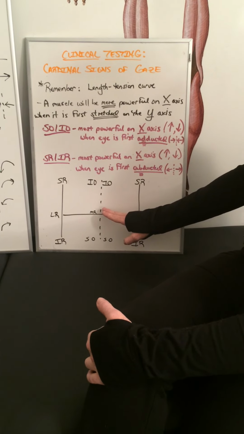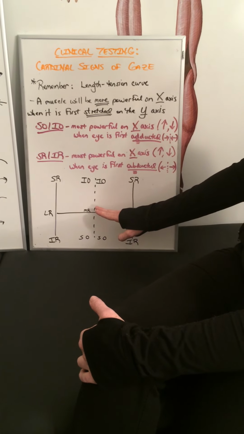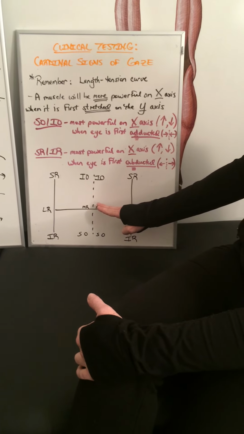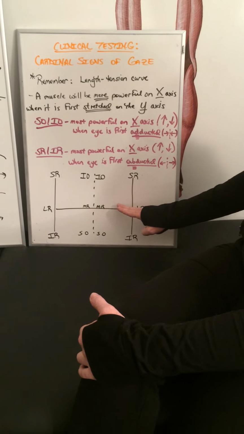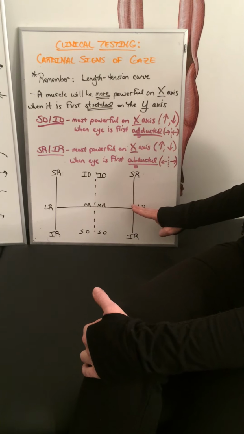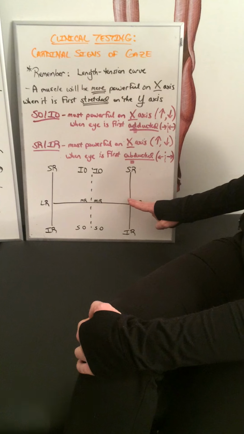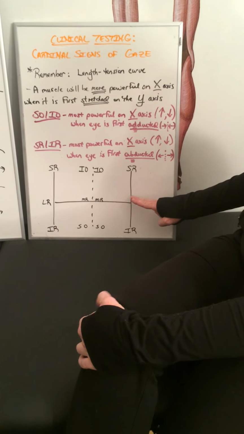Also, we know that that's going to shorten up the superior rectus and inferior rectus since they're adductors, as well as medial rectus. And as you move the eye into abduction on this left eye, what will happen is the lateral rectus pulls you laterally, therefore stretching the superior rectus and inferior rectus on that y-axis.